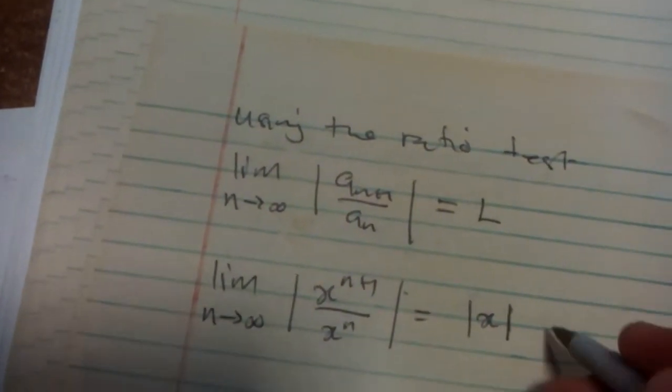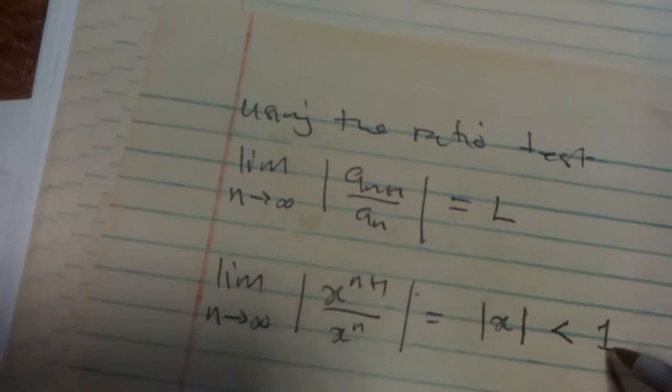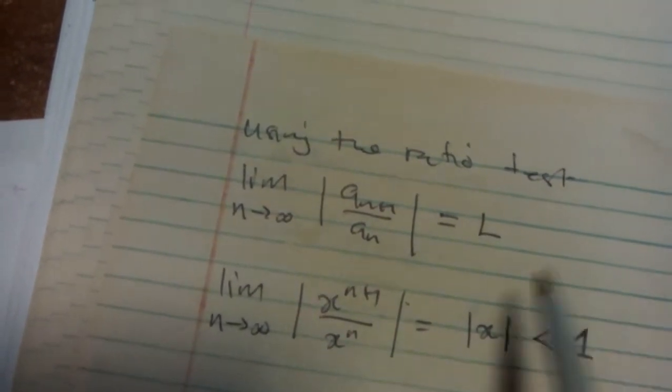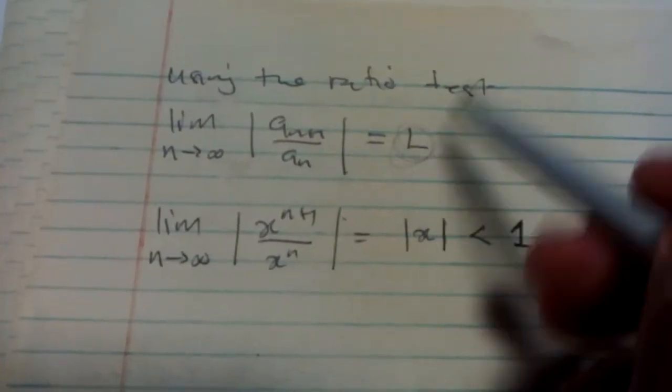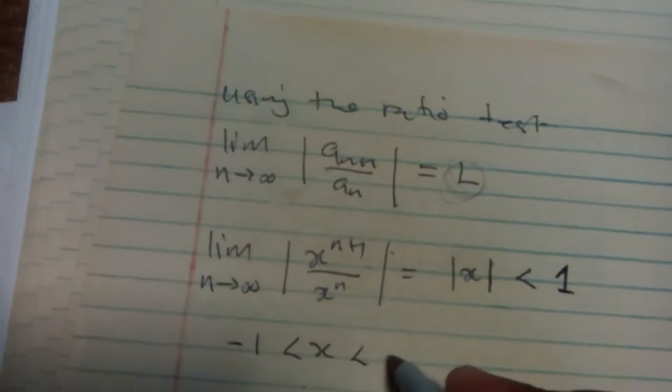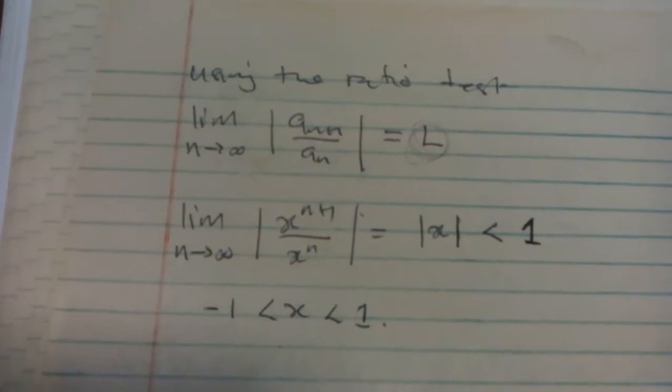This will converge if the absolute value of L is less than 1, then you know that our series will converge. So obviously minus 1 less than x less than 1. This would be the interval.